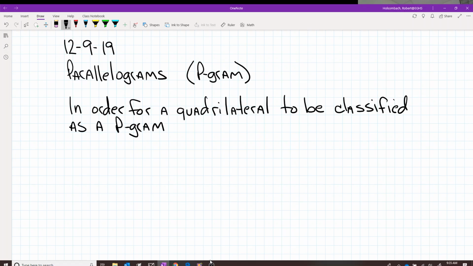as a p-gram, it must pass one of the four tests.